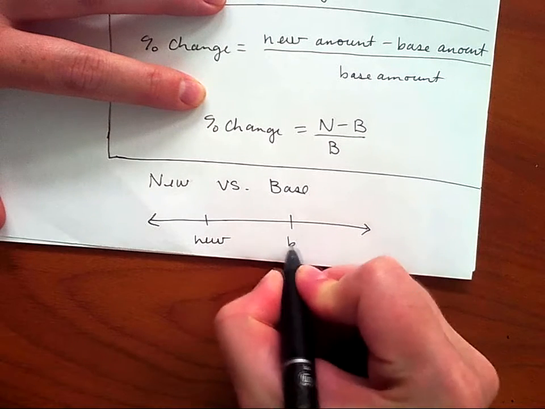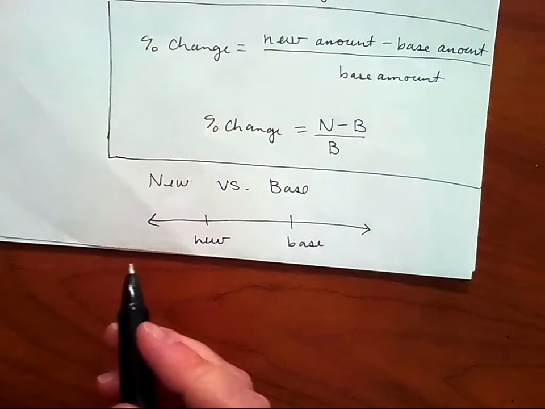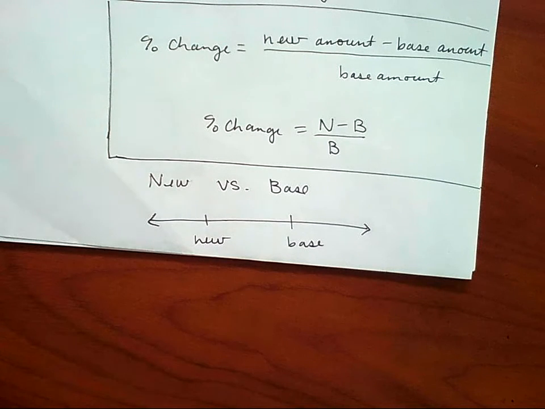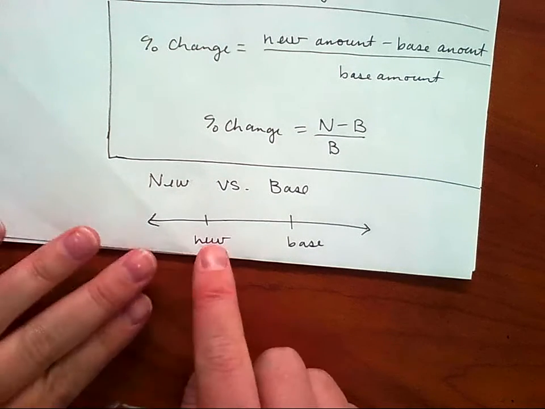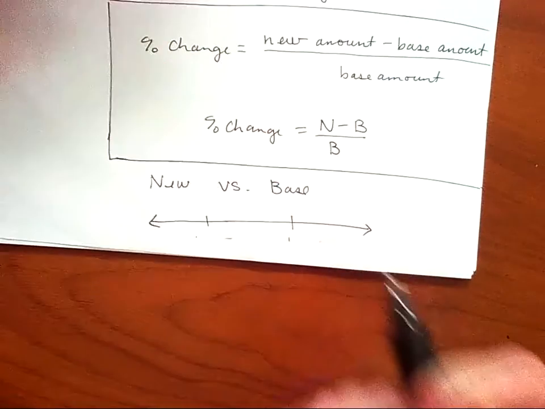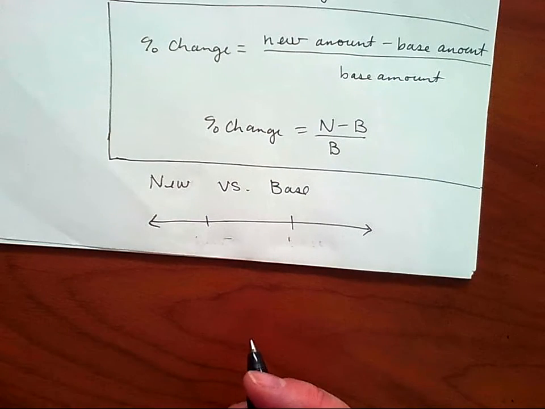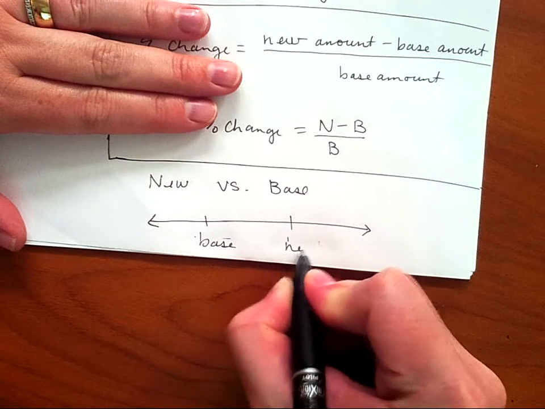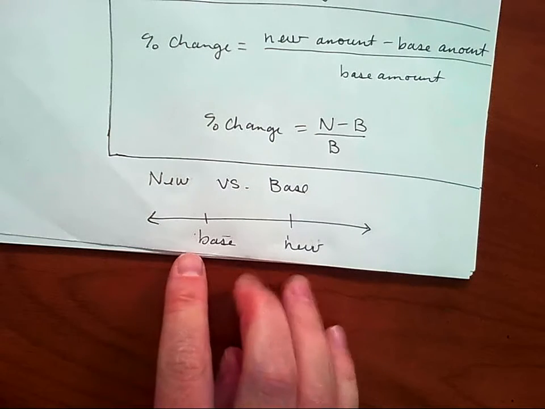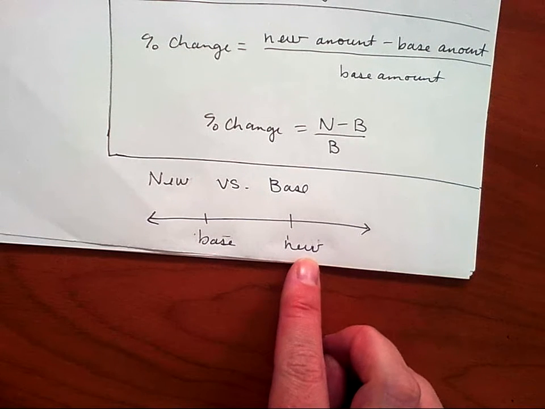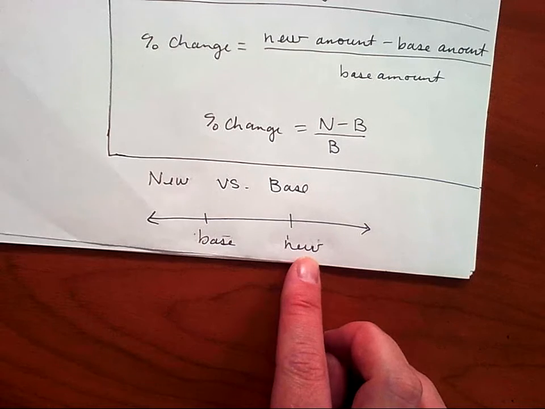If I give you a question like, 10 years ago your home cost this and now your home costs this, oh shoot, sorry, it's the other way. I need to drink more coffee. Base, new. So base is your older amount and your new amount is your either future or current value.